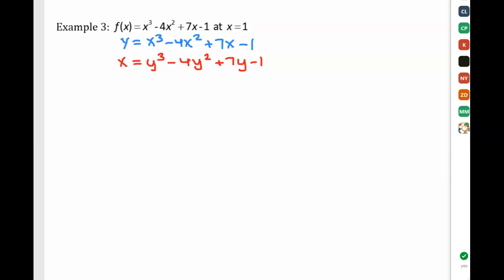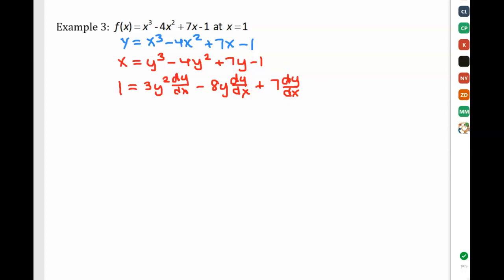So the derivative of x is 1. The derivative of y cubed is 3y squared dy dx, minus the derivative of 4y squared, which is 8y dy dx, plus the derivative of 7y, which is 7 dy dx, and the derivative of negative 1 is 0.